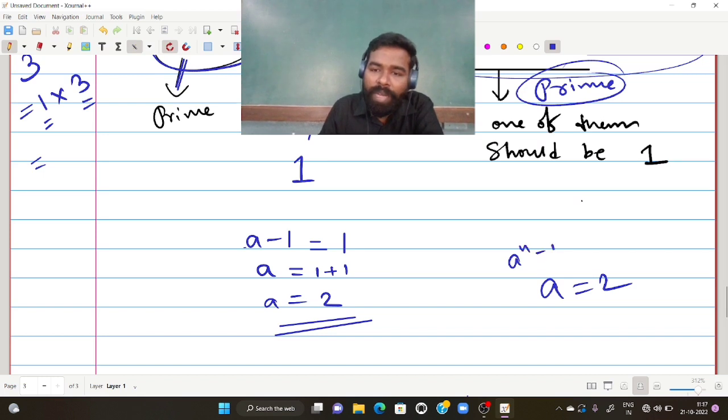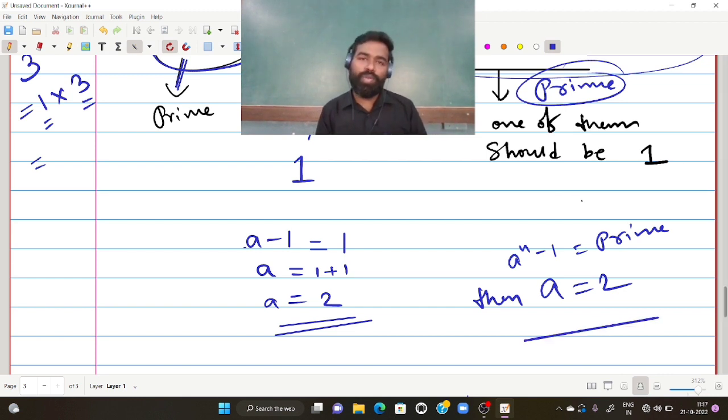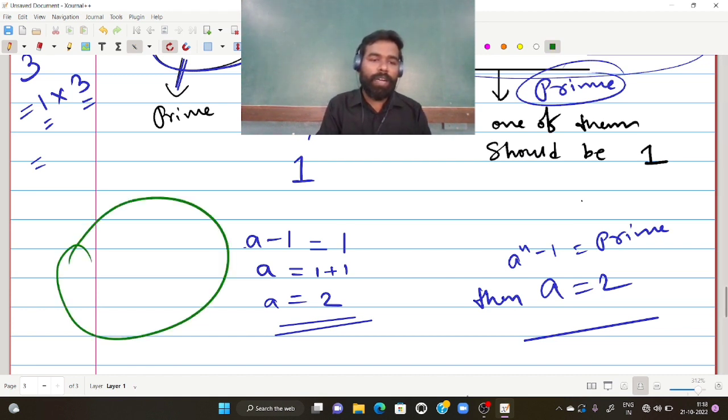So when a to the power n minus 1 is prime, then a is equal to 2. So this is how we look at this special problem, x to the power n minus 1. We started with x square minus 1, then went to x cube minus 1, then x to the power 4 minus 1, then 5 minus 1, and finally we formalized.